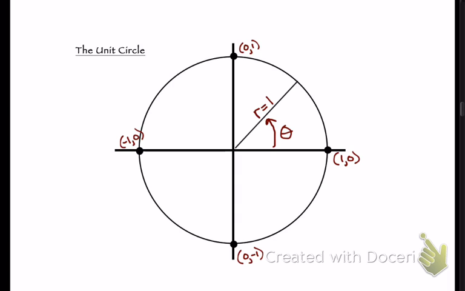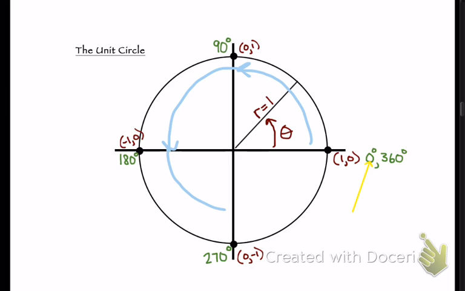I also know what their degree measures are. If I start at the initial side, I start here, which means I start at 0 degrees. I start traveling in this direction. That's 90, 180, 270, and then all the way back around is 360 degrees.